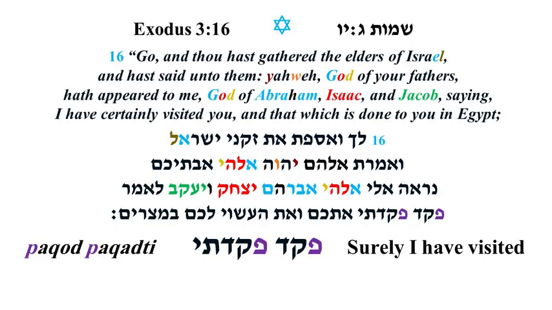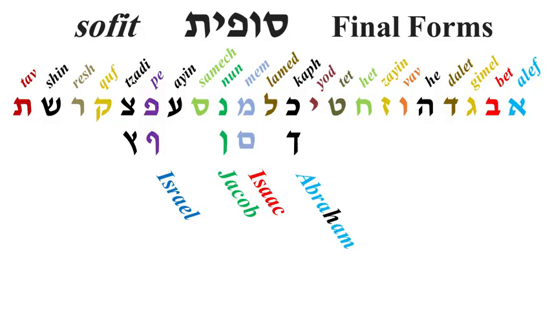And that word for surely I have visited is pakod, pakadti. And it's the same kind of repeated word there, maybe a little different ending, but they both begin with pey. And so the pey sophit is representing Israel, which is Jacob's new name and which is the culmination of Abraham, Isaac, and Jacob. Okay? And we have one last one.